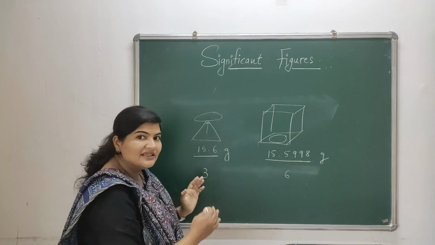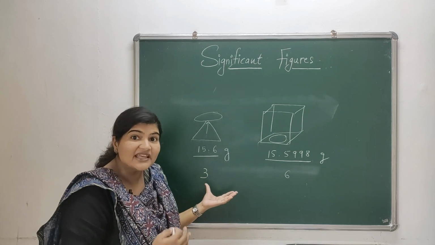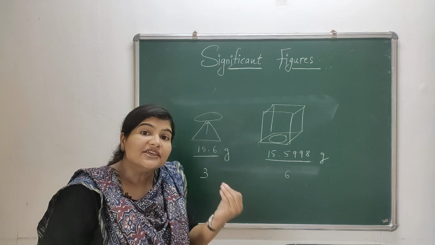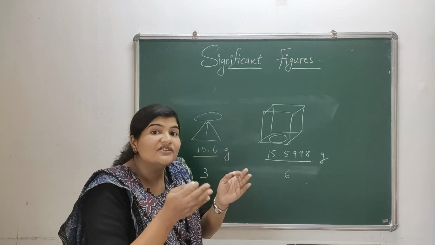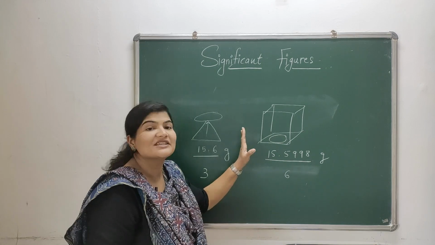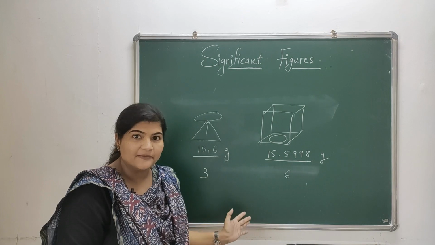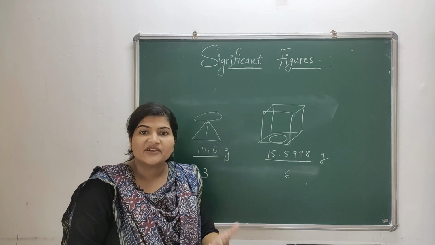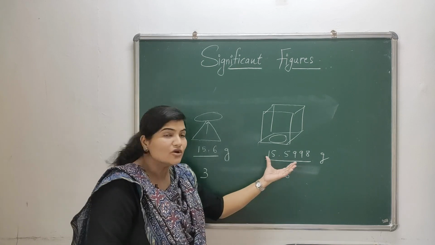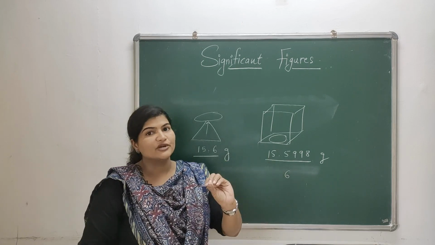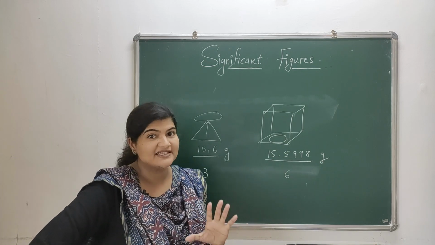So when the significant figures are with us, we can tell the accuracy of the measurement or the precision of the instrument on which it is weighed or measured, right? So in general, if a sample is weighed or a result is calculated with more significant figures, it is going to be more accurate and the instrument is going to be more precise.